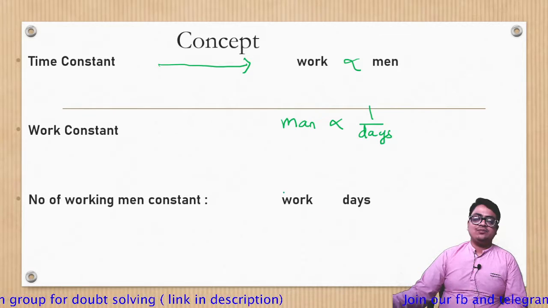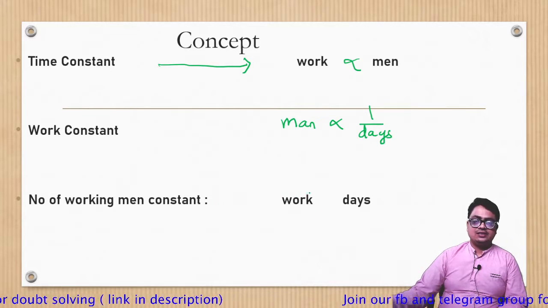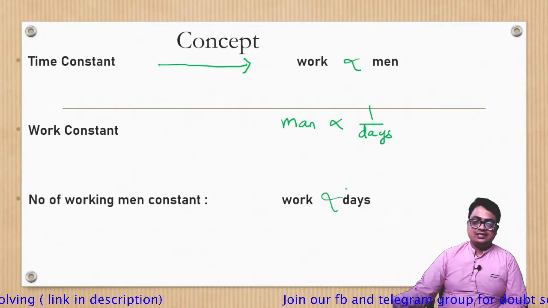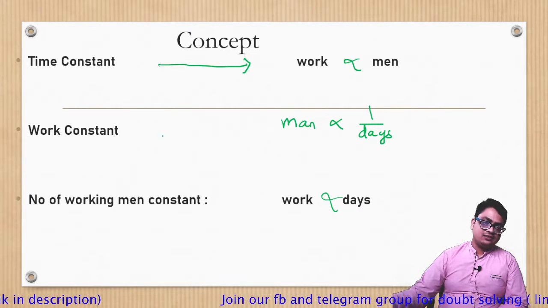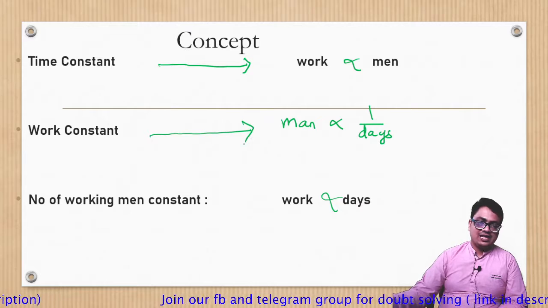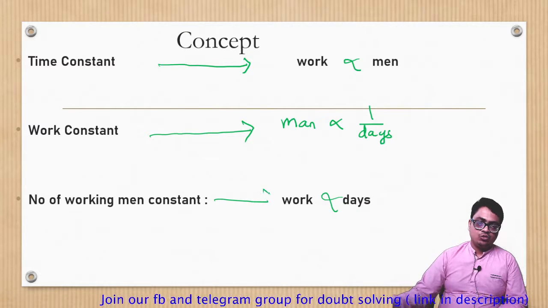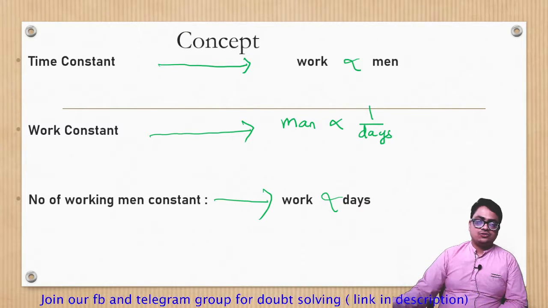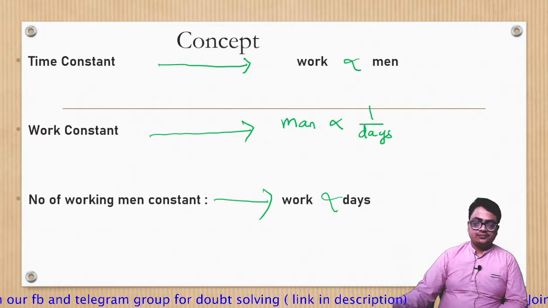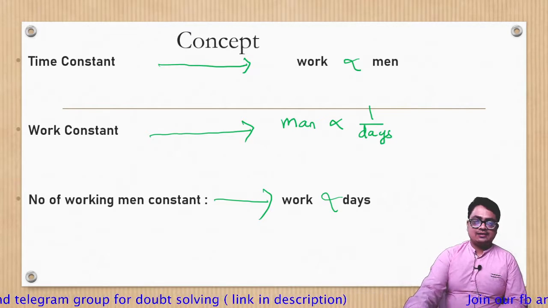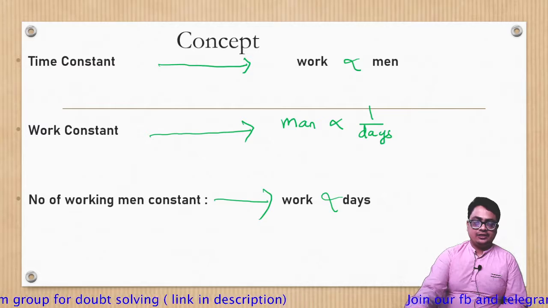If the number of working men is constant, then work and days are directly proportional. These are the three things that will help you solve any kind of problem.